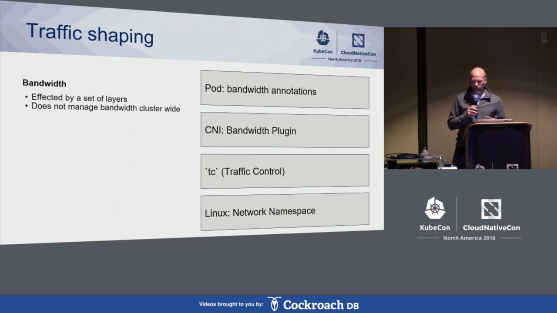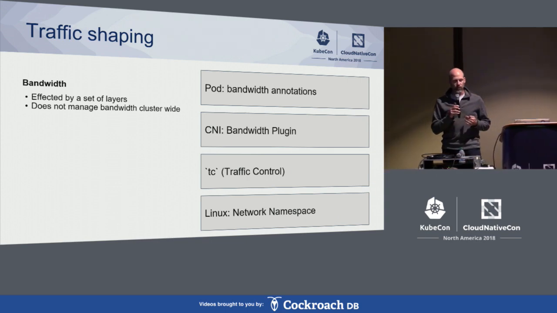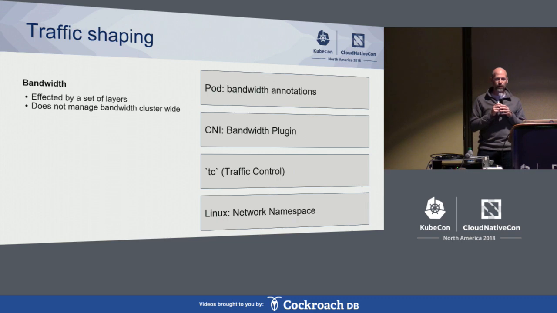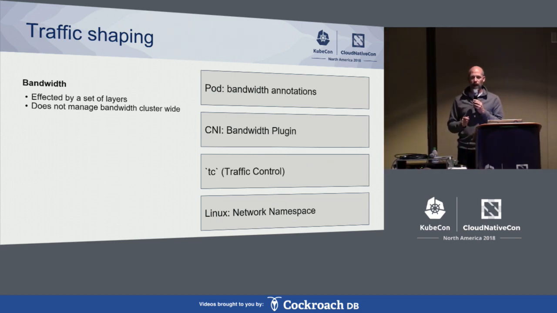The other is bandwidth. Bandwidth is where you're going to limit just how many bytes a given workload can take advantage of on the pipe. And I've put this stack together to show that the way bandwidth management is affected happens at multiple levels. First, the lowest level is the Linux kernel that's dealing with IP traffic at the kernel level. There's then a Linux tool called traffic control, which is able to set limits on certain Linux network namespaces.